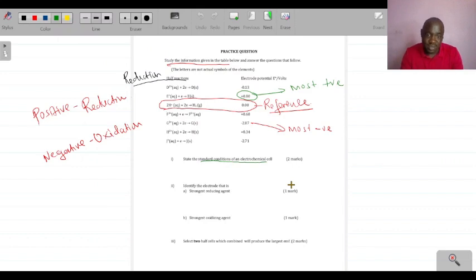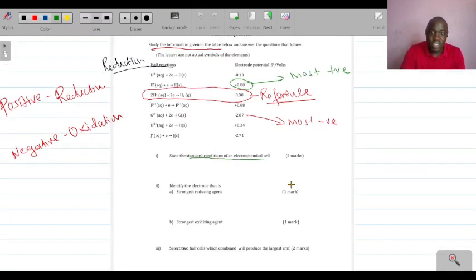So we are being asked, state the standard conditions of an electrochemical cell. If you are keen, there are two conditions. Number one, we had the electrolytes. Both of the electrolytes, their concentration was 1 molar.